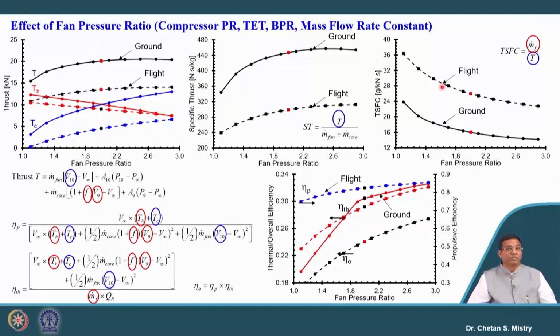So, thrust specific fuel consumption increases with the fan pressure ratio in the flying condition, and that flying condition is Mach 0.9. Maybe if you are flying at 0.8 you will have a different condition. If you are flying at 0.7, this condition will be different. So, you need to optimize the flight Mach number for that condition.